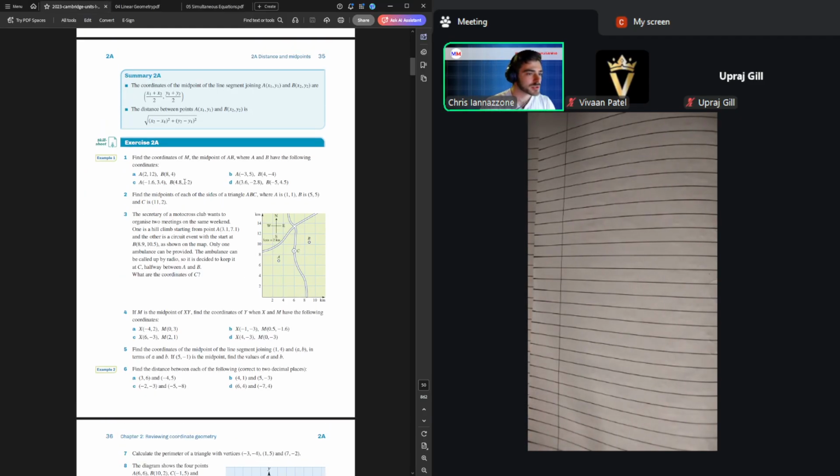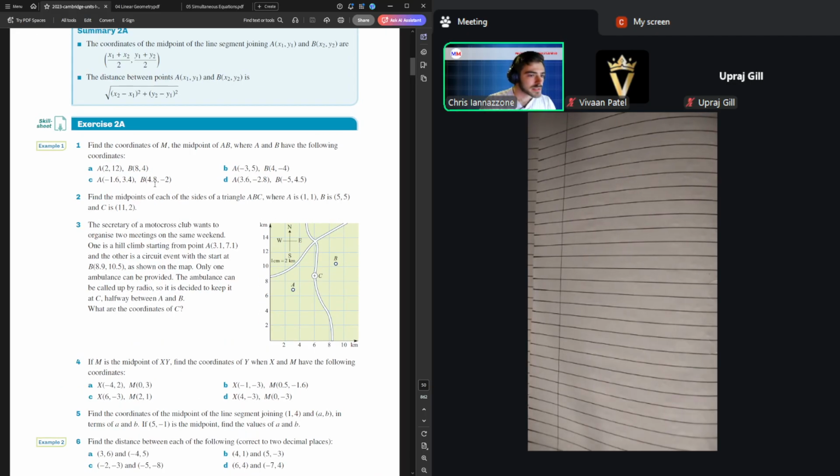For instance, in 2A, the first question is, you have 2 points, find the midpoint. The second question is also, you have a couple of points, find the midpoint between them. So I would consider those basically the same question. Yes, there's 3 points here, but they're saying do the midpoints of each pair. So it's still the same thing.